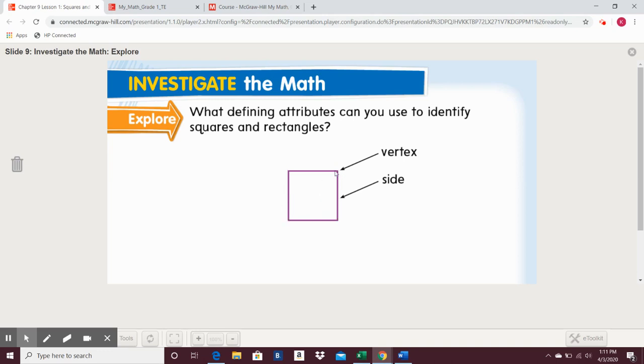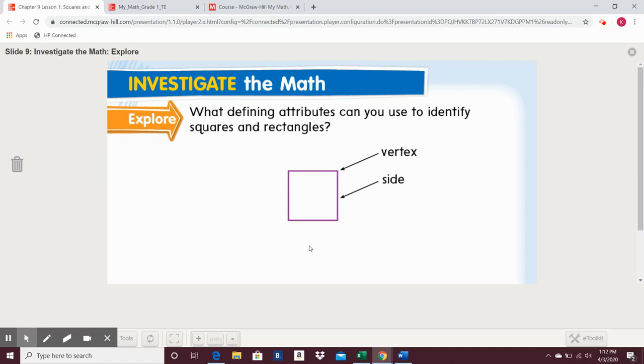That's where two lines meet and make a corner. So when I look at this square, I see that it has 1, 2, 3, 4 lines and 1, 2, 3, 4 vertices. So 4 sides and 4 vertices.